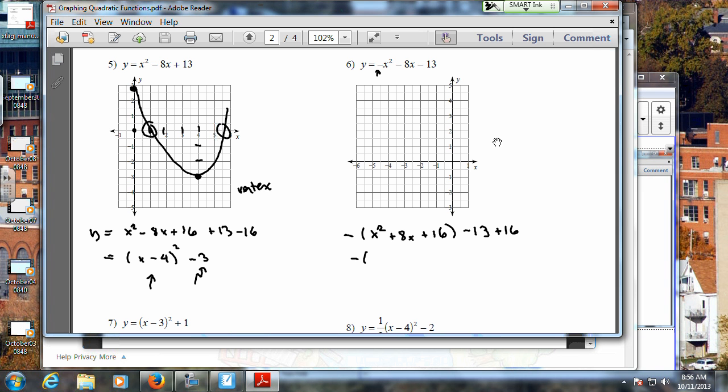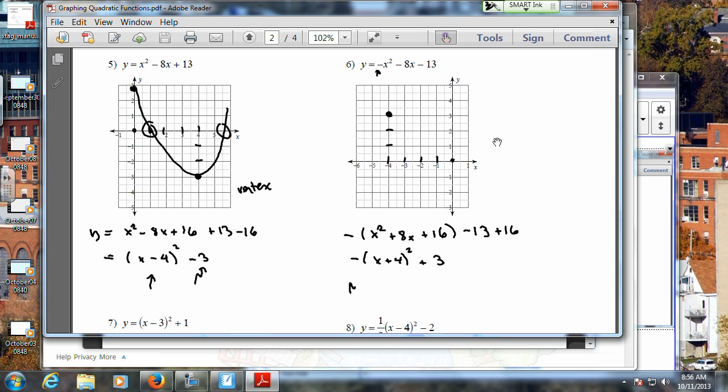So it's minus, for this one, x plus 4 squared plus 3. X plus 4, so I go backwards from the origin 4 units, to the left 4 units, and up 3 units. It wasn't that nice of them to give me that as a scale so that this will fit.